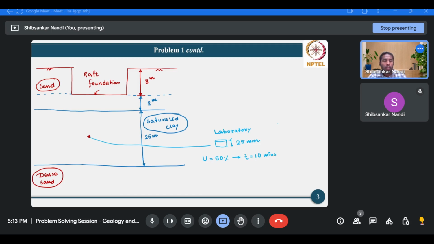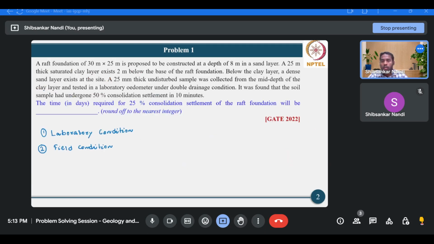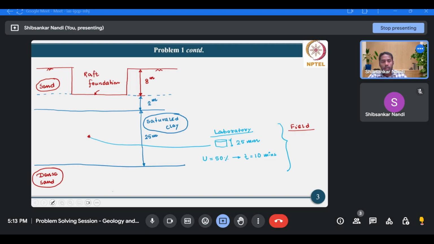Okay, now the question is, in how much time the raft foundation will achieve 25% consolidation settlement.